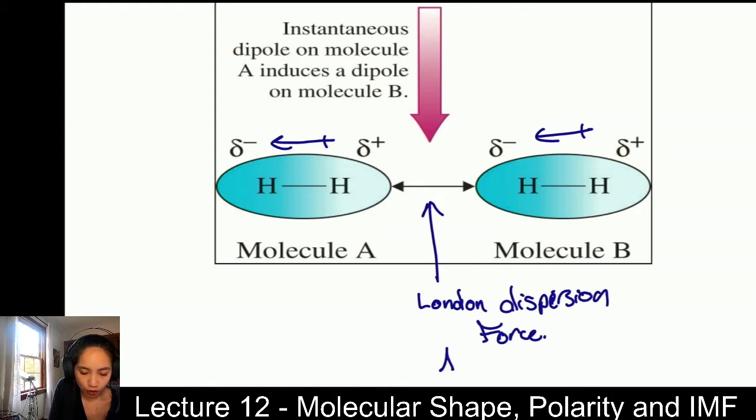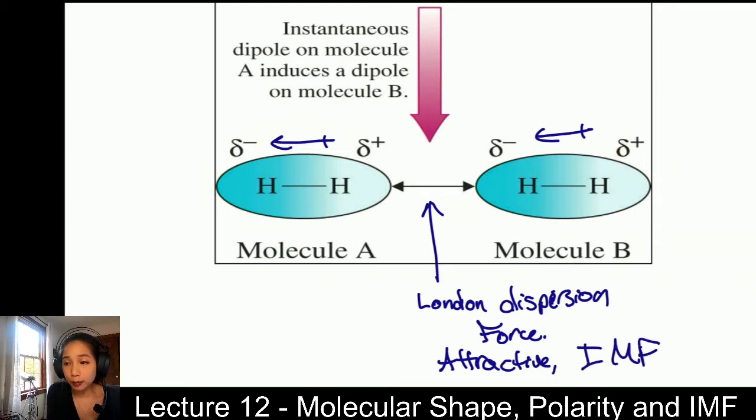So there is our attractive IMF, where we have two instantaneous dipoles being attracted towards one another, where the positive end of one molecule is attracted towards the negative end of another molecule. But again, after we take that picture, those dipoles go away. They only exist for a fraction of a second, but then maybe, in the next second, a temporary dipole will form again. All right?